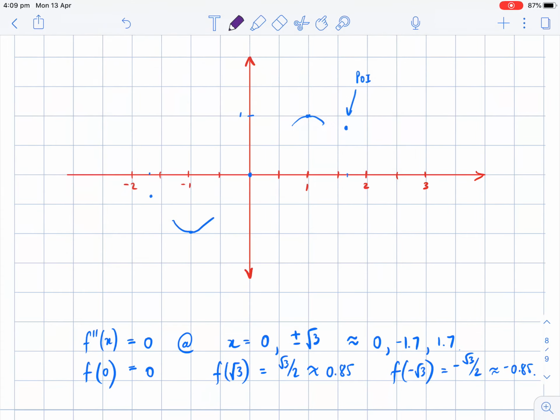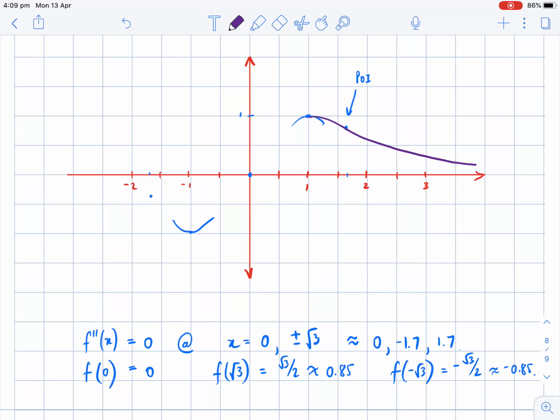So I'm just going to change colours so we can see that. So it's going to kind of go across and then change the other way. So its curve changes. If I'm going from left to right, the gradient has to change at that point of inflection.